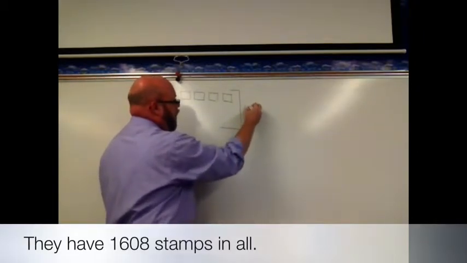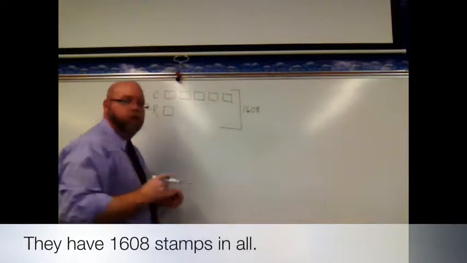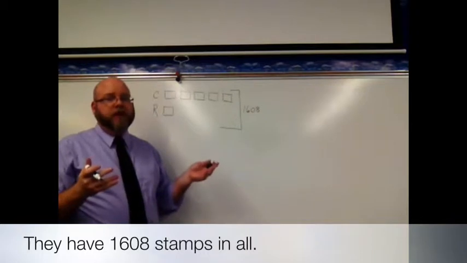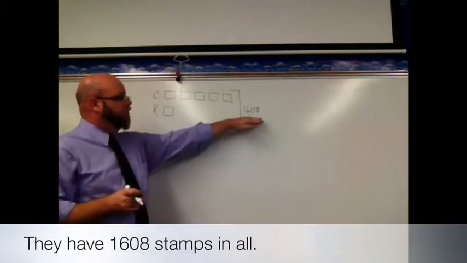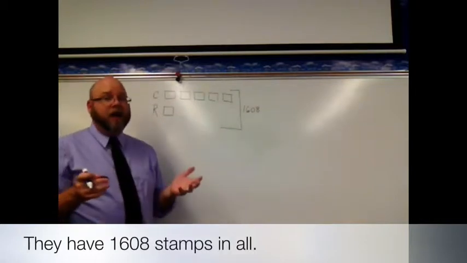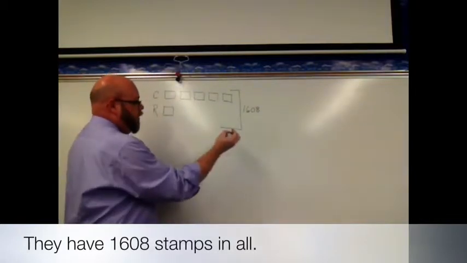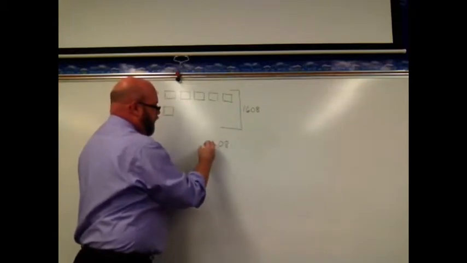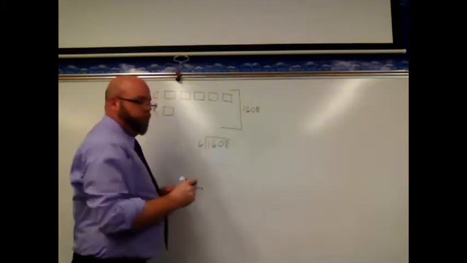So they share 1,608 stamps. They don't share it equally, but they share those 1,608 stamps between 1, 2, 3, 4, 5, 6 boxes. So we would divide 1,608 divided by 6.